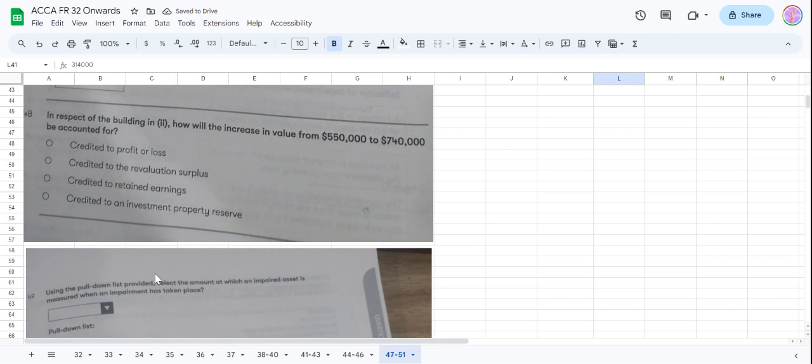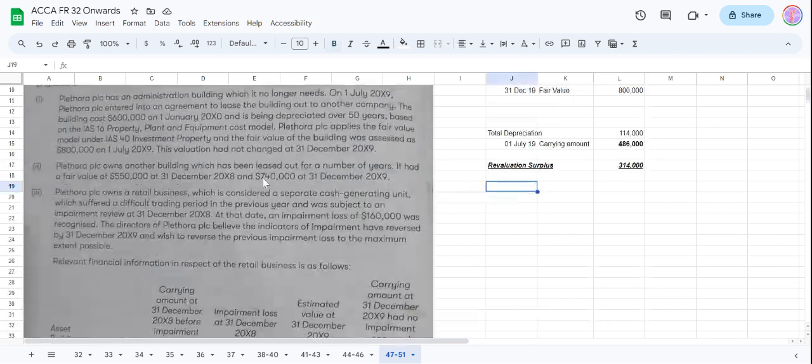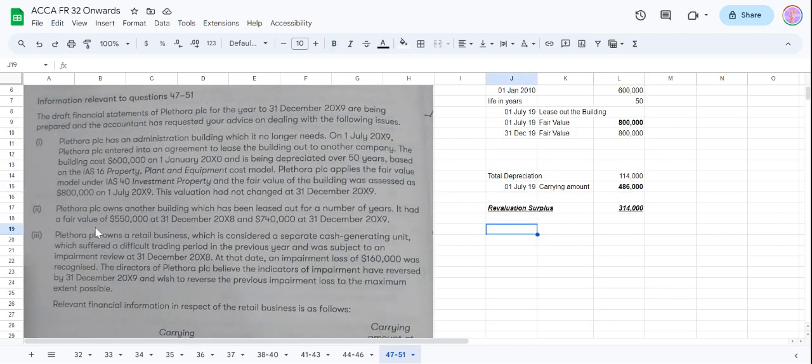Question number 48. In respect of the building in 2 that we just discussed, how will the increase in value from 550 to 740 be treated? Looks like there are some other facts here. PP owns another building which has been leased out for a number of years.